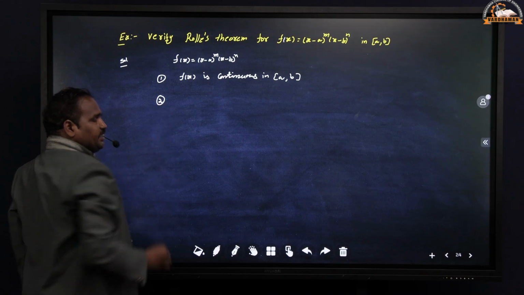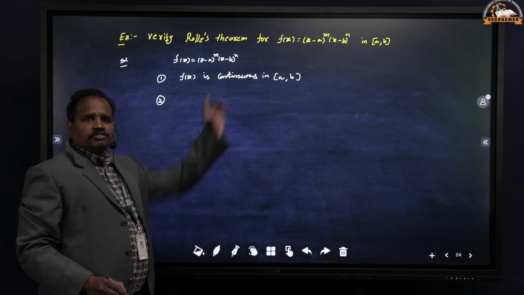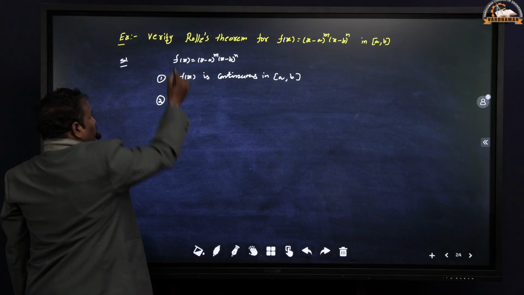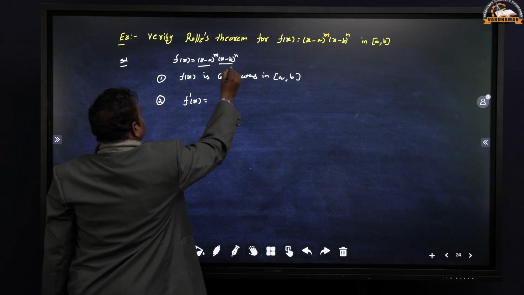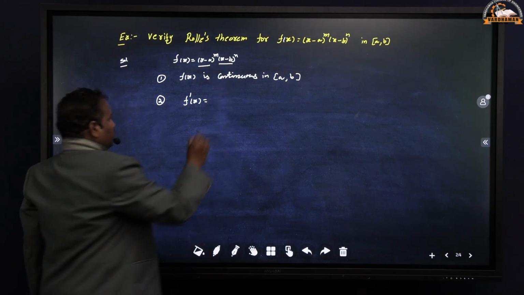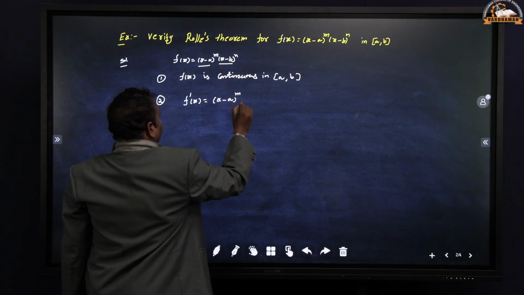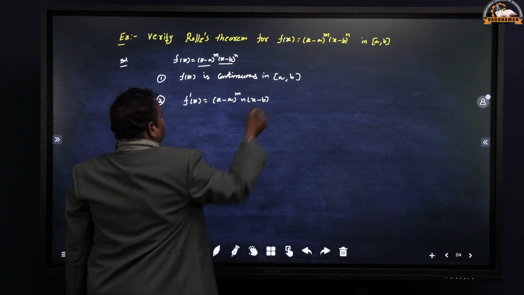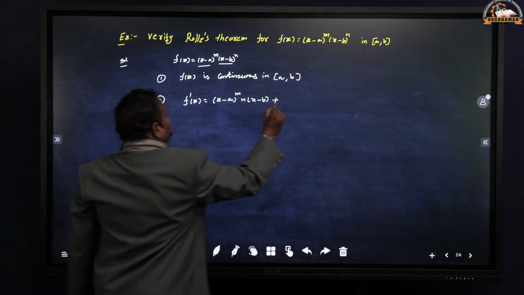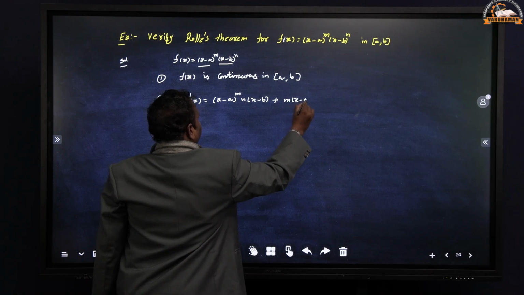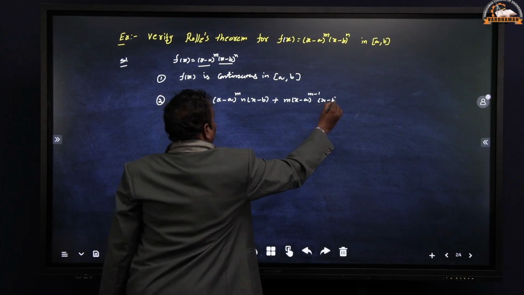Now coming to the second condition: f is differentiable, which means we check whether the derivative of the function exists. So f(x) is this one; evaluate f'. Here both factors have x, so apply the uv formula. f'(x) equals (x minus a)^m into the derivative of the second factor, n into (x minus b)^(n minus 1), that is u v' plus u' v. Here u' is m into (x minus a)^(m minus 1), into (x minus b)^n.